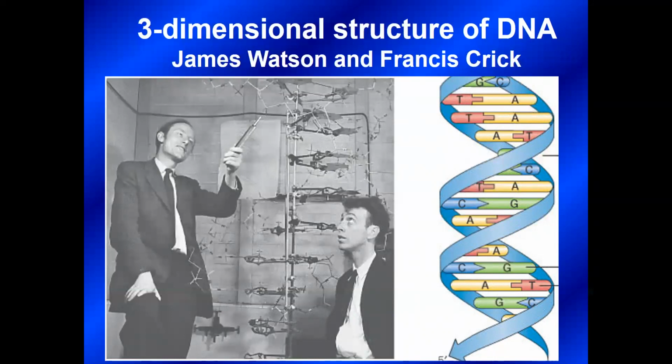What they were able to do was take inspiration and build off of discoveries of other individuals. So, for instance, from Erwin Chargaff, they figured that adenine would always have to bind with thymine, and guanine had to bind with cytosine.